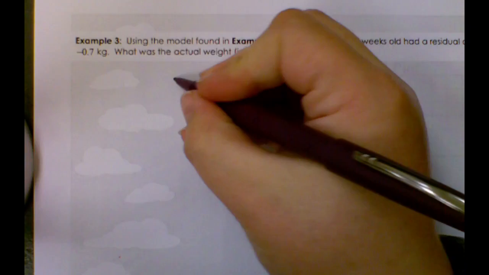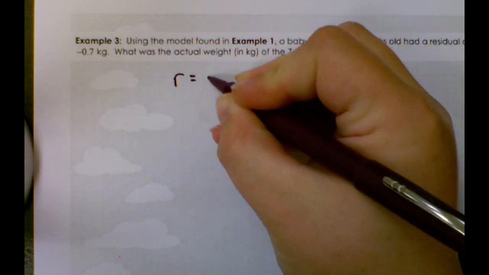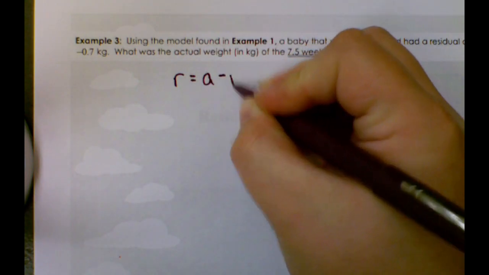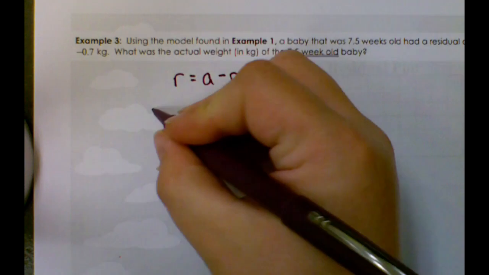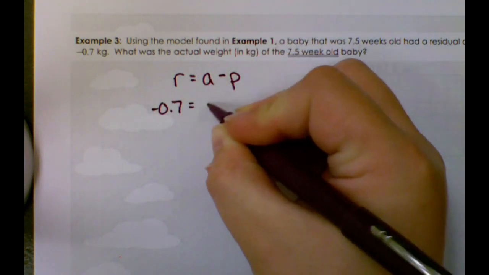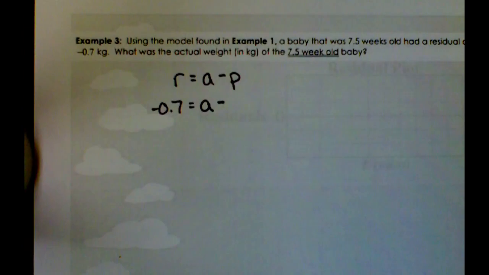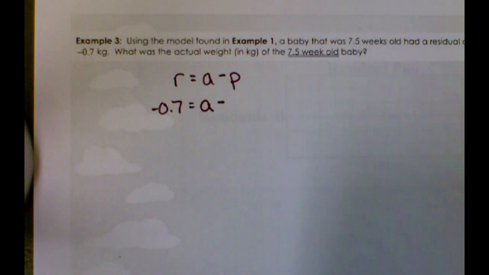Using the model we found in example 1, a baby that was 7.5 weeks old had a residual of negative 0.7 kilograms. What was the actual weight of the 7.5 week old baby? Well, if our residual equals actual minus predicted, right? Our residual is negative 0.7. Our actual we don't know, but we can find our predicted for a 7.5 week old baby.